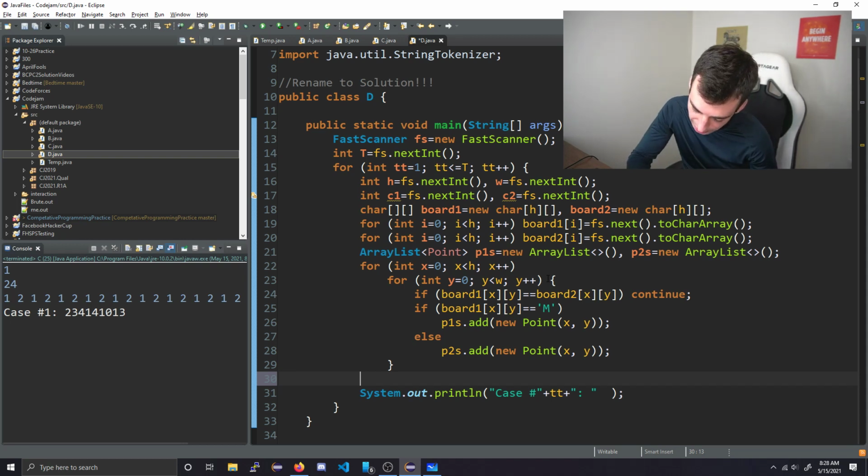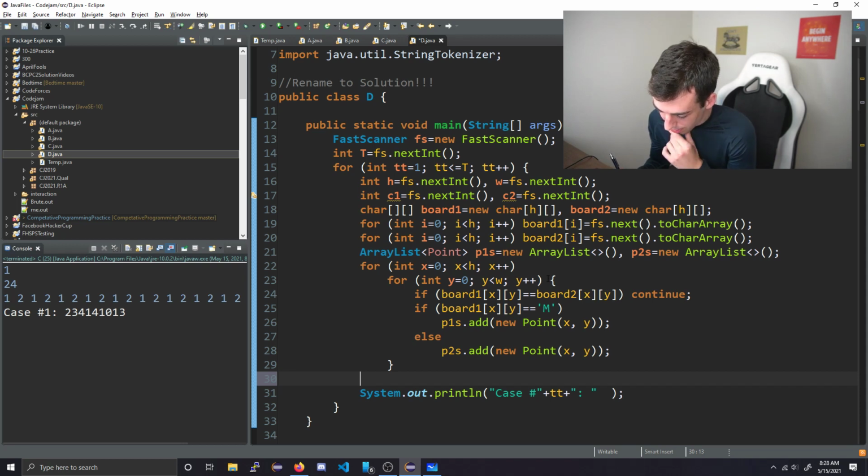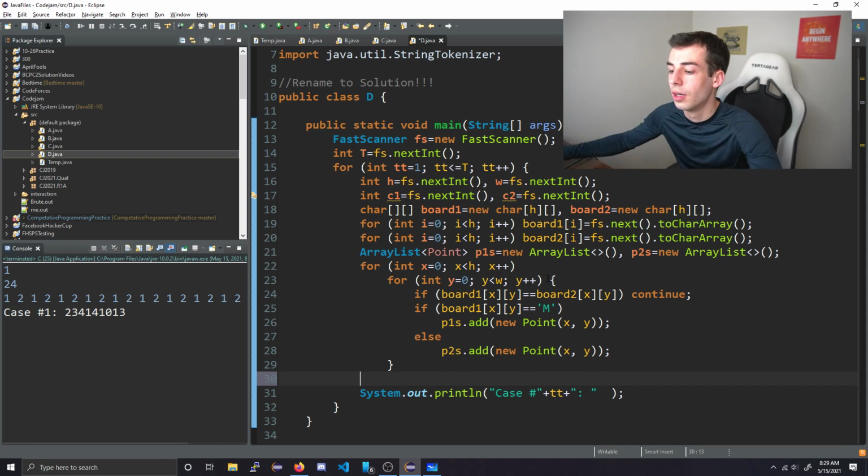Alright, so we want to take each of these. So make each of these very negative. And then these cost 0. And these are bad. So make them positive. And then we know these cost 2. Okay.